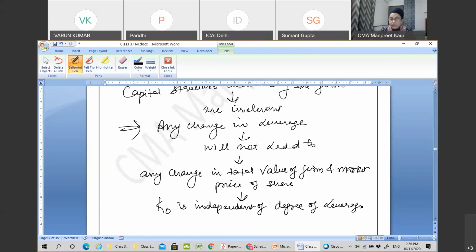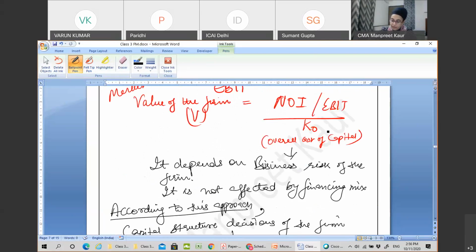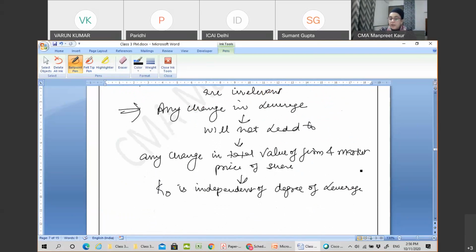Any change in the leverage will not lead to change in the total value of the firm and the market price of the share, because here it is EBIT upon KO. KO is independent of degree of leverage.